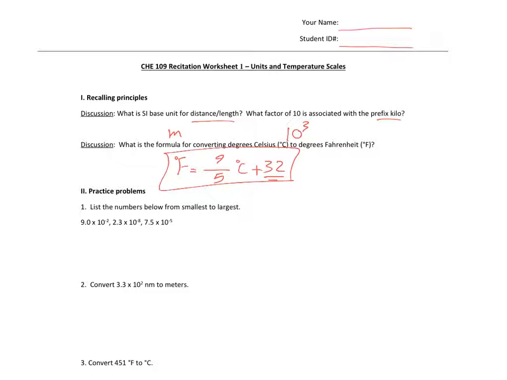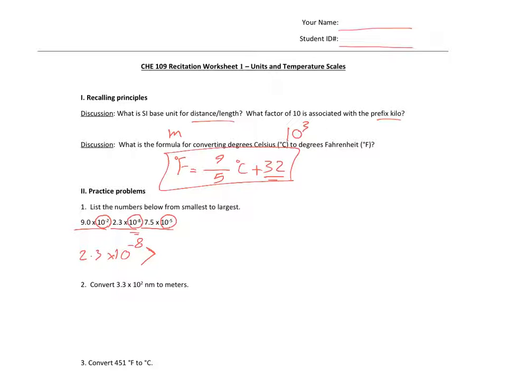Okay. So the first practice problem, we have to list these 3 numbers in order from smallest to largest. When we want to see which one is larger and which one is smaller, first we have to look at the magnitude of 10. So this one is 10 to the negative 8, so that should be the smallest one. So 2.3 times 10 to negative 8 is the smallest.